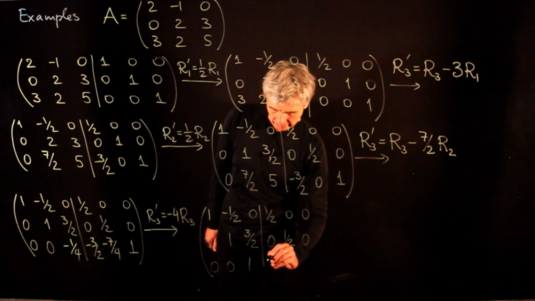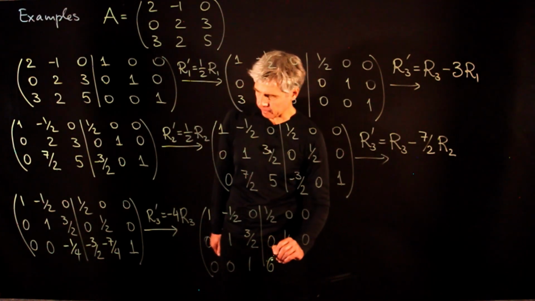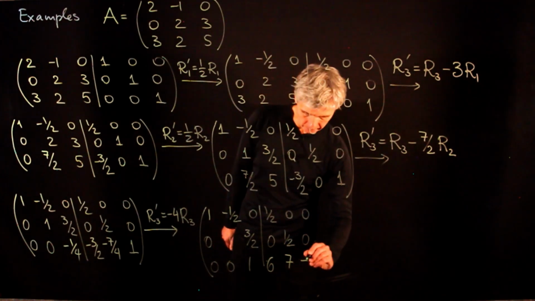So we get negative or positive 6 rather. Then we have 7 and we get negative 4.